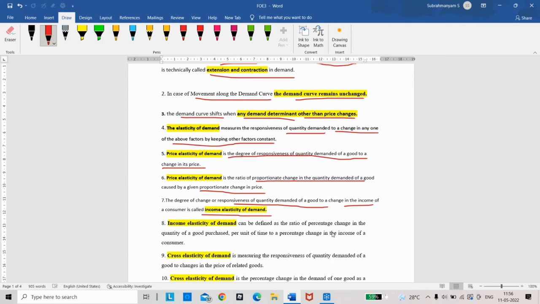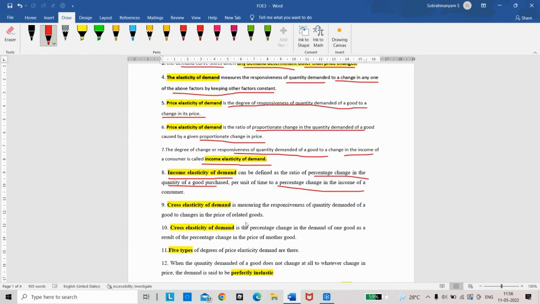That is nothing but the percentage change in the quantity demanded divided by percentage change in the income. That is the ratio between proportionate or percentage change in the quantity demanded to proportionate or percentage change in the income. That is income elasticity of demand.